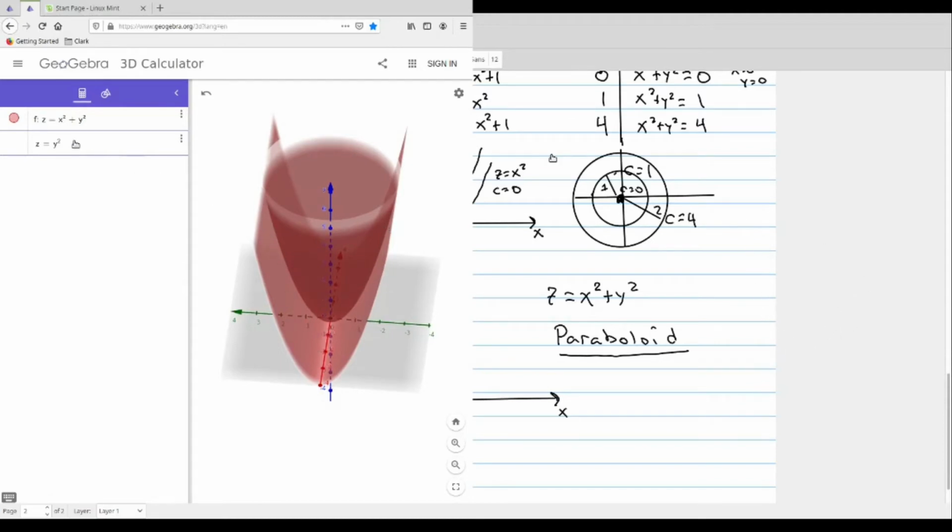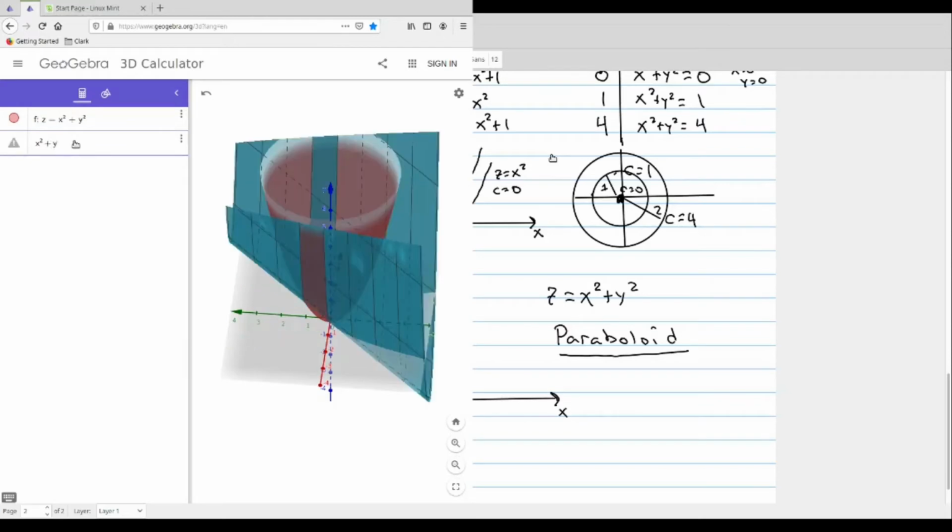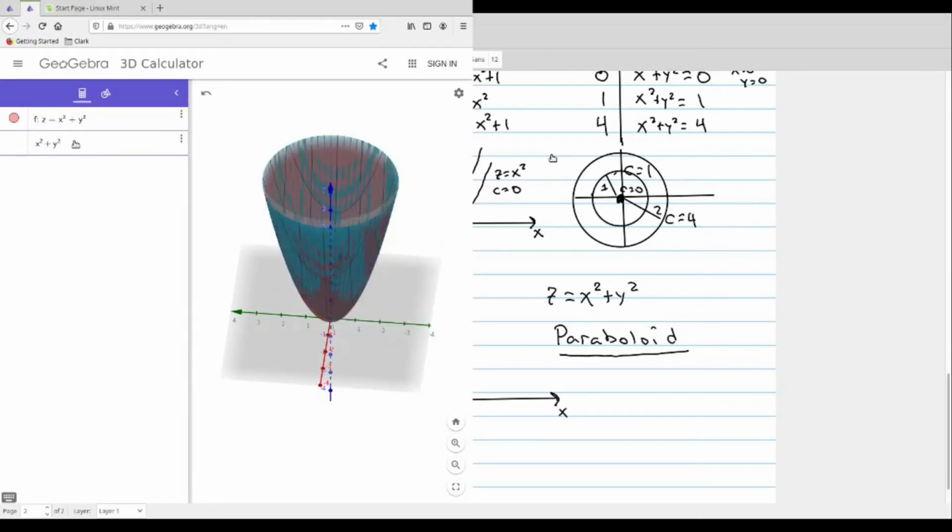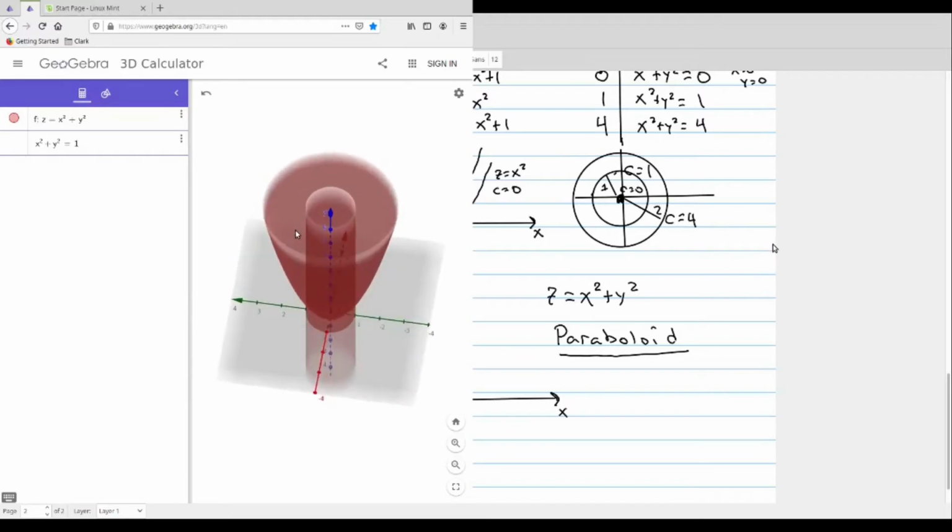And then the last trace is just x squared plus y squared equals 1. You can do any positive c value, but x squared plus y squared is equal to 1 corresponds to a different color.